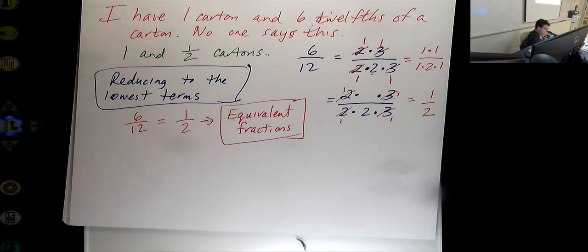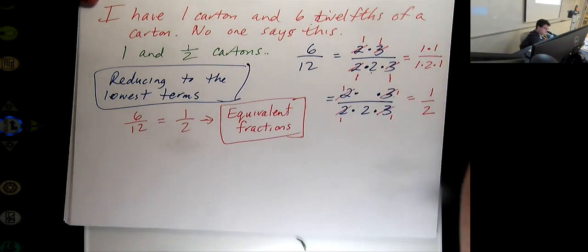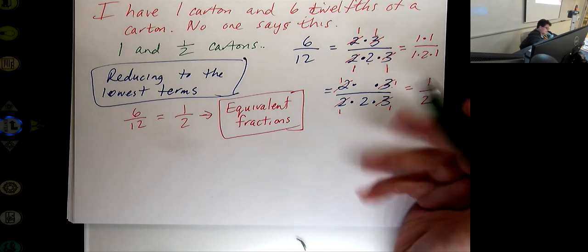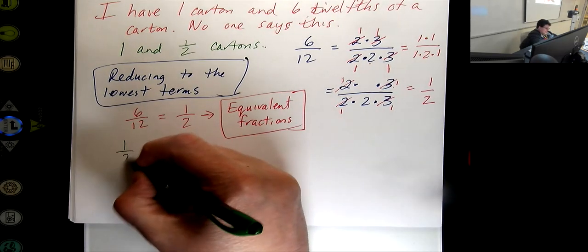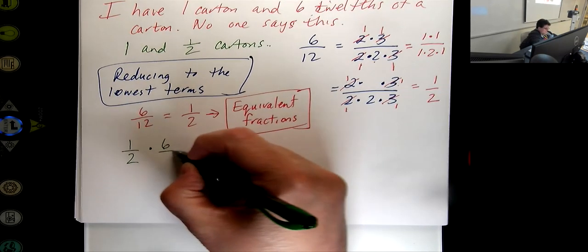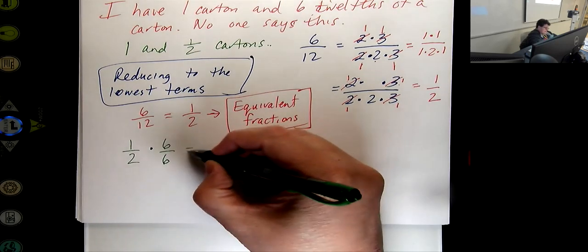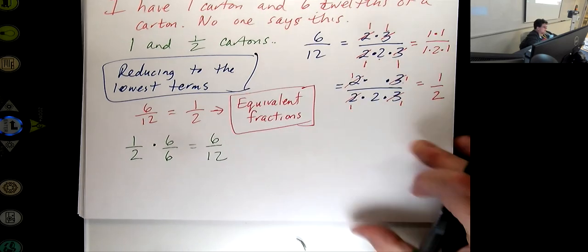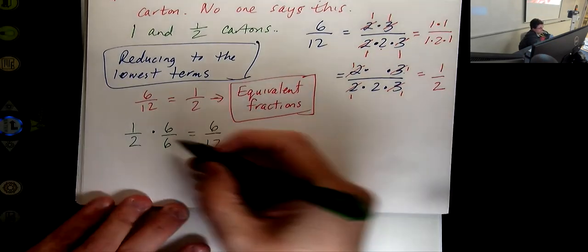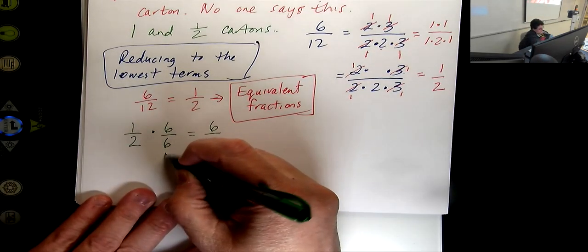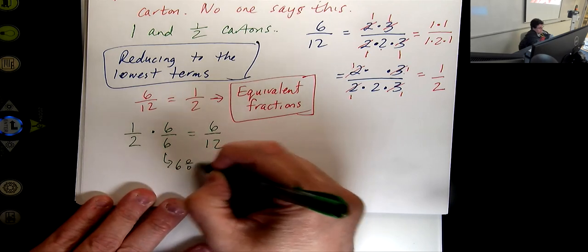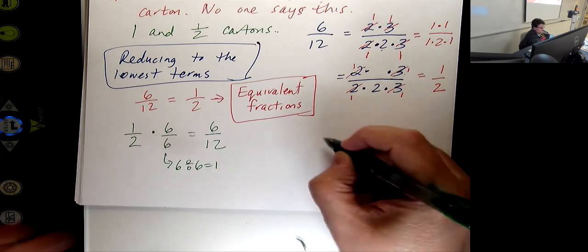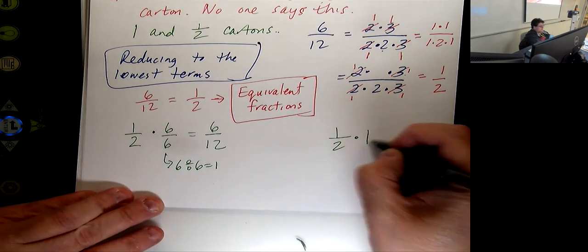In fact, what Mason was just saying, he said, notice this. If I take this 1/2 and I multiply by 6 and 6, I have to do it on top and bottom. I get 6 over 12. The reason we do it on top and bottom is, what is 6 divided by 6? 1. So all I've really done is 1/2 times 1.